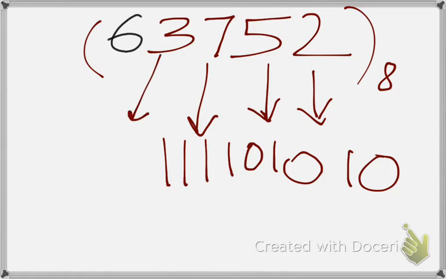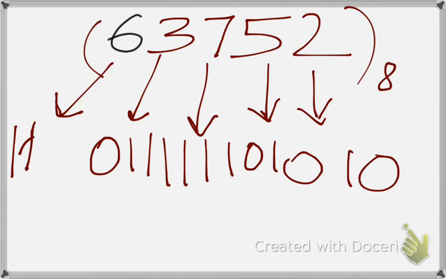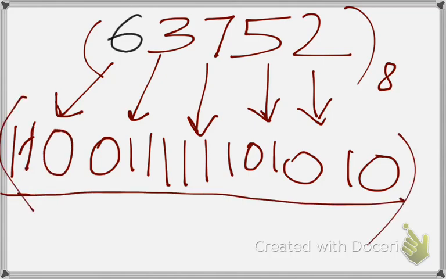For 3 it's 0, 1, 1, and for 6 it's 1, 1, 0. So the whole thing is the binary equivalent of the given octal number. These are 3, 3, 3, 3 bits.